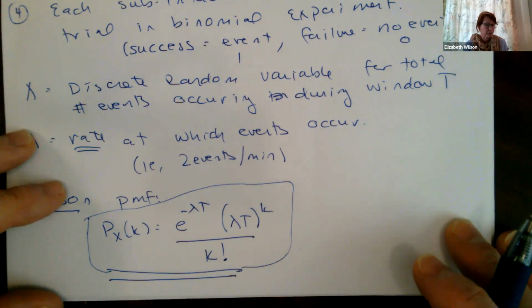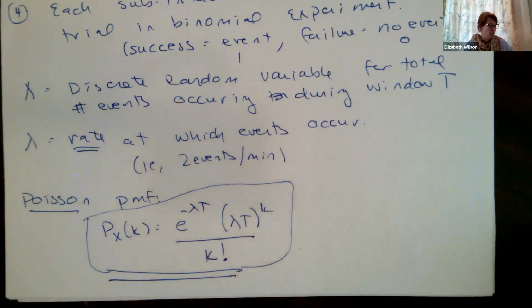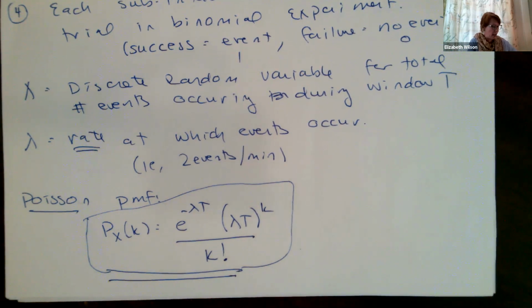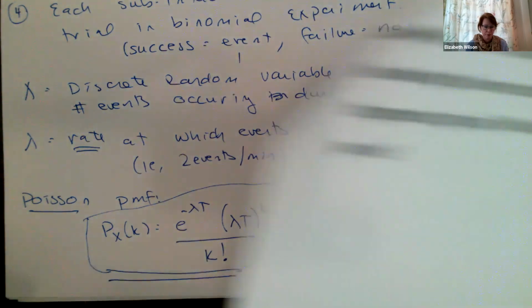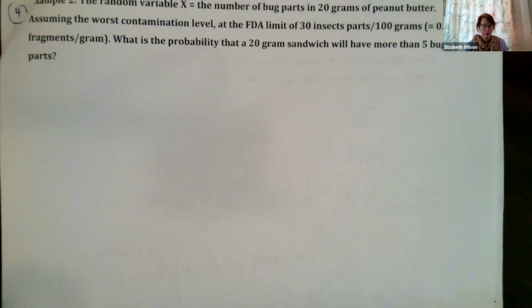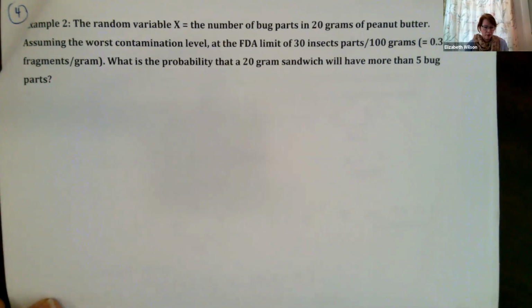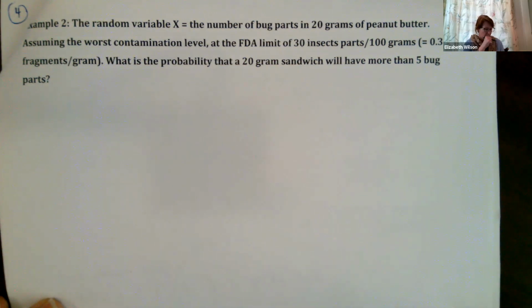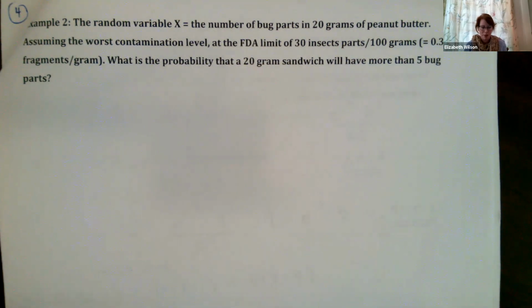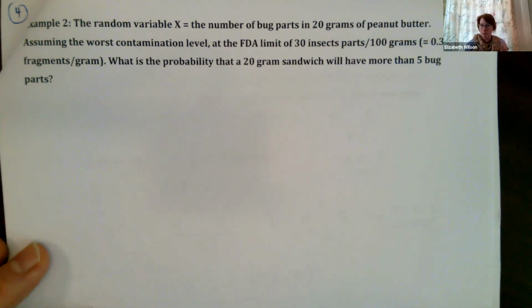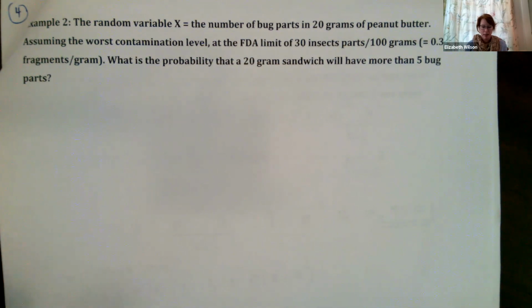Then we're going to work through some more examples for our Poisson. So why don't we take out our example page for our Poisson. I'm going to work through example number 2. We've got this random variable x, and this is kind of a disgusting example, but x represents the number of bug parts, insect parts, in 20 grams of peanut butter.